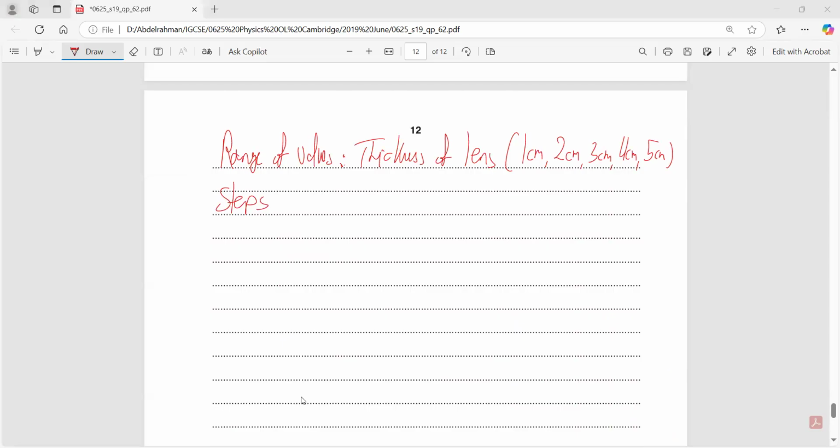Think about it carefully. If you want to carry out this experiment, first of all, you need to find the thickness of each lens. How can I find it?